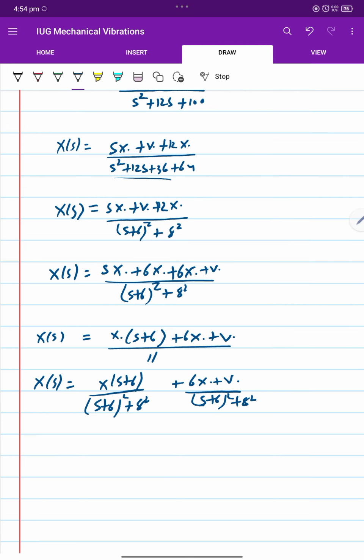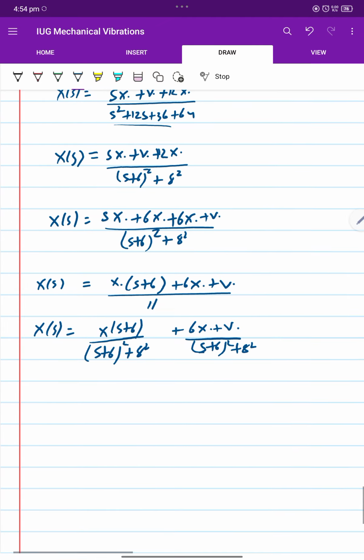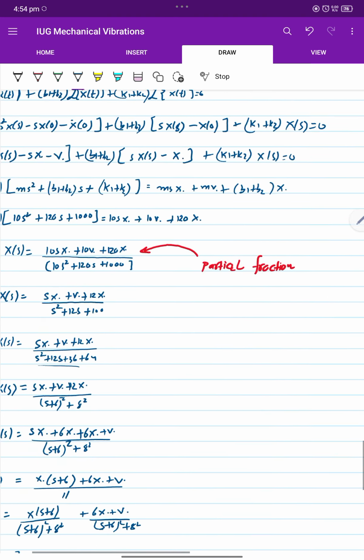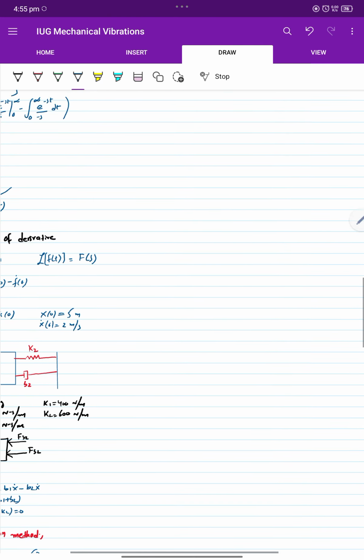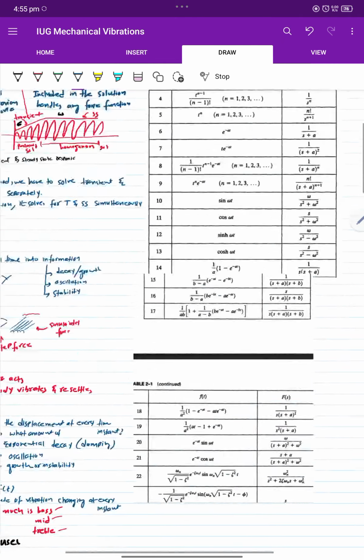Now what we are going to do is take the inverse Laplace transform for this function, but before that we have to simplify it even further. What we are trying to do is the inverse Laplace transform of our function x of s, so that we can go back to the time domain. And if you refer back to your table that I showed you in the beginning, I will share that table with you.